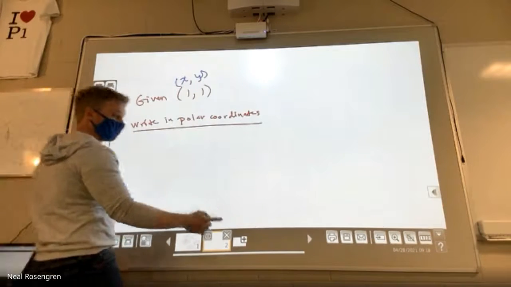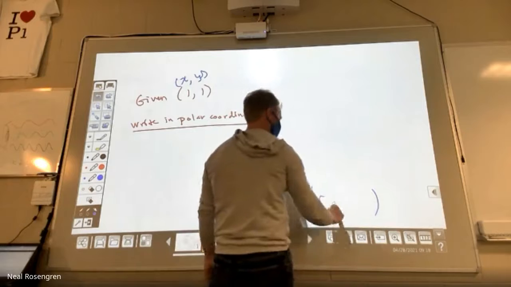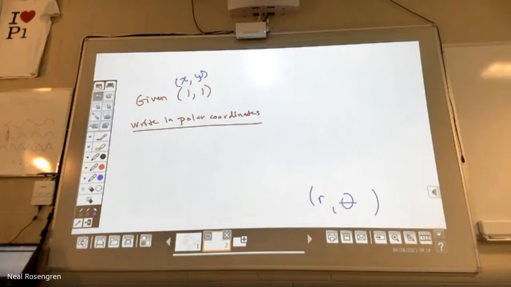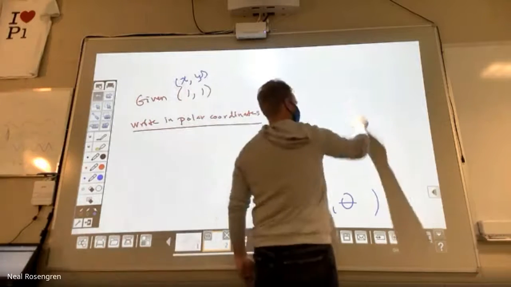And what we want eventually, once we're done, is r, theta. Like, what circle are you on to get there? What is the radius of your circle that you're on if you're at the point 1, 1? And what angle do I have to open up, like a regular angle coming out of the positive x-axis, right?